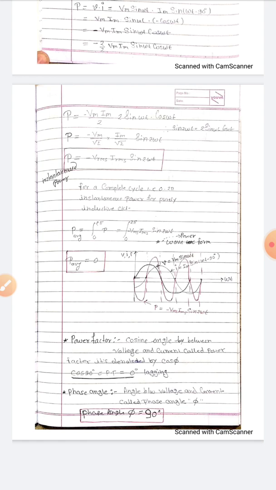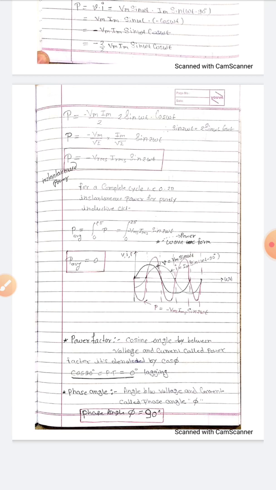After finding the power factor, now we will discuss phase angle. The definition of phase angle does not change. It is the angle between applied voltage and current flowing through any circuit, or we can say a purely inductive circuit.